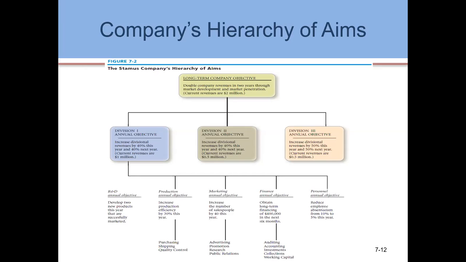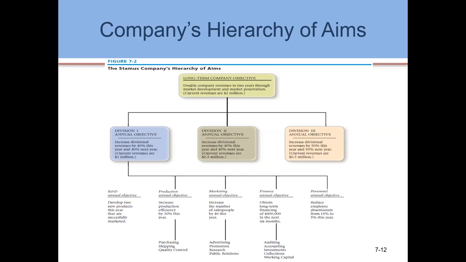So they have also mentioned the strategy with which the objectives are going to be achieved. Once the objectives and strategies at the corporate level are defined, they are to be transferred to the divisional level. The first divisional level objective, for division 1, would be to increase divisional revenue by 40% this year and 40% next year, and they are also elaborating that current revenues are 1 million.